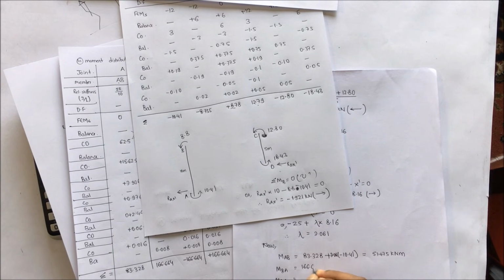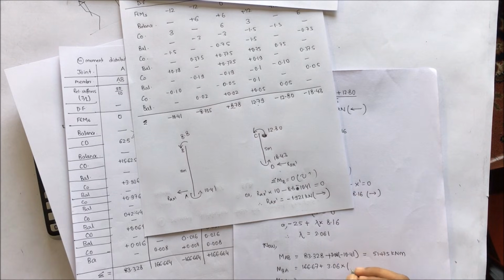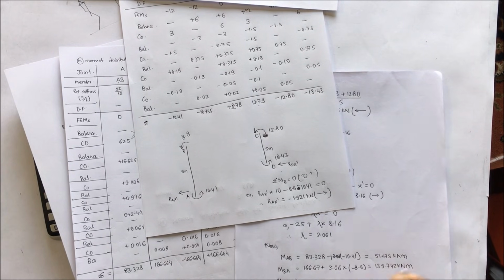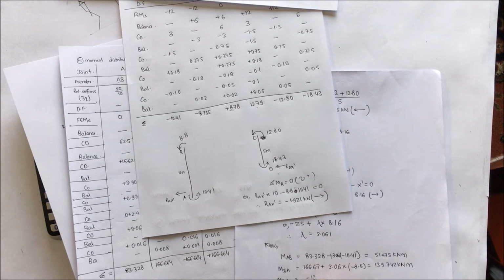Similarly, 166.67 plus 3.06 multiplied by minus 8.8 is equal to 139.742 kilonewton meter. Similarly, for MBC we have to take this value, and we get minus 139.742 kilonewton meter.